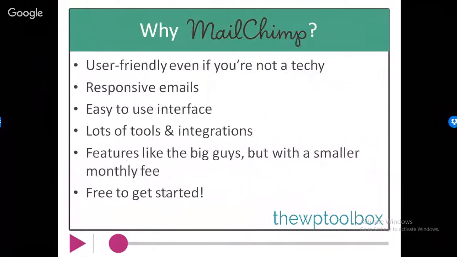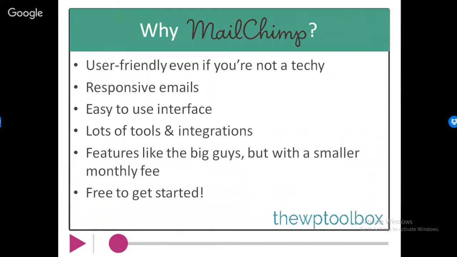So why MailChimp exactly? Like I said, there's a bunch of different email marketing options out there. A lot of people will start with MailChimp because it's free. And aside from the fact that it's free to get started, there are some other great benefits. It's a really user-friendly interface, even if you're not technical. It has a great drag and drop interface that makes it easy to build your emails. Their emails are already responsive if you're using one of their templates.